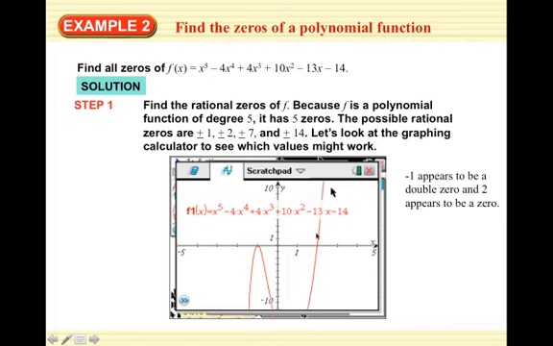Over here, for 2, see how the function just passes through like a line there? Obviously the whole thing is curved, but right in the neighborhood of where it crosses 2, it looks like a line, and that tells us that it is a linear factor that gives us the 2.